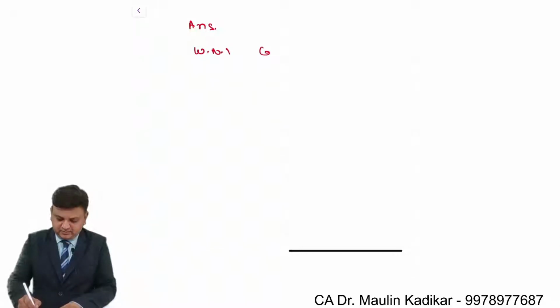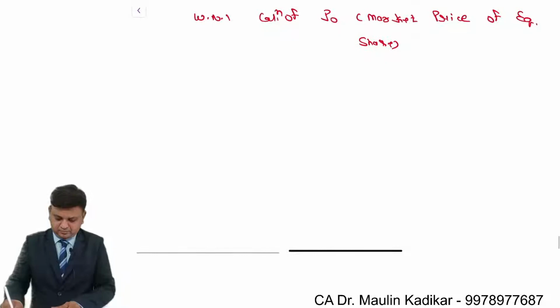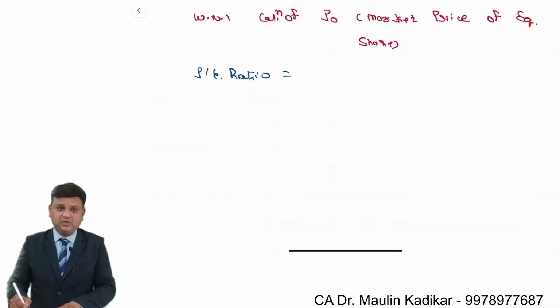Working note number 1. Calculation of P0. In bracket write down market price of equity share. In that, price earning ratio is equal to MPS upon EPS.